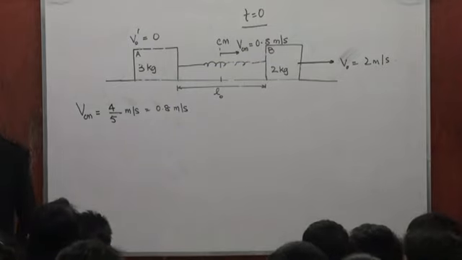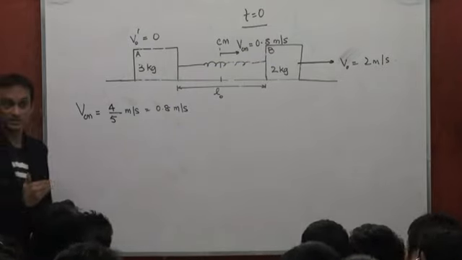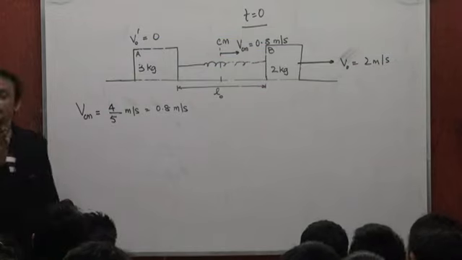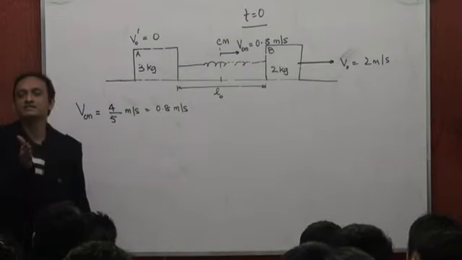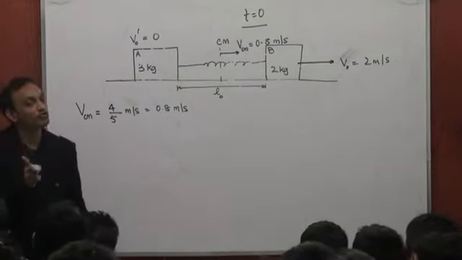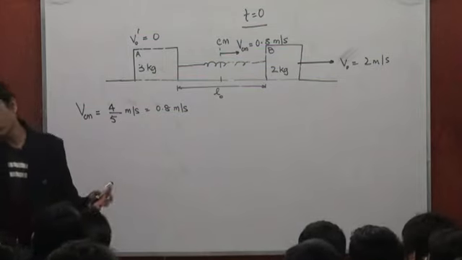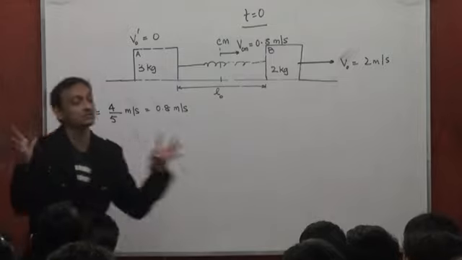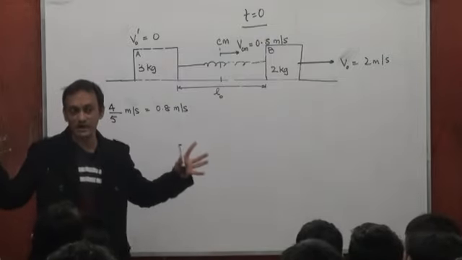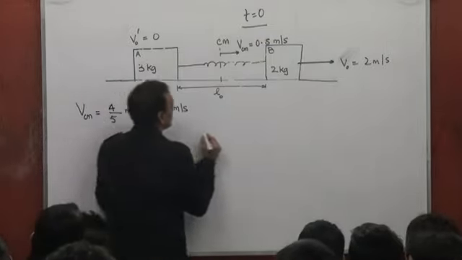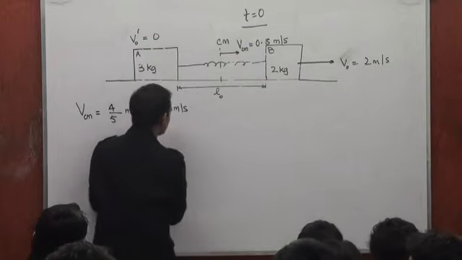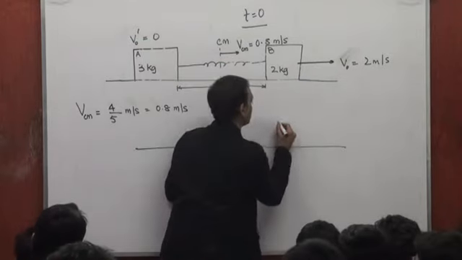Yes or no? I make myself an observer stationed at the center of mass, in which case the velocity of the center of mass is 0. But then the moment I start looking at things from the center of mass perspective, I need to justify the same.